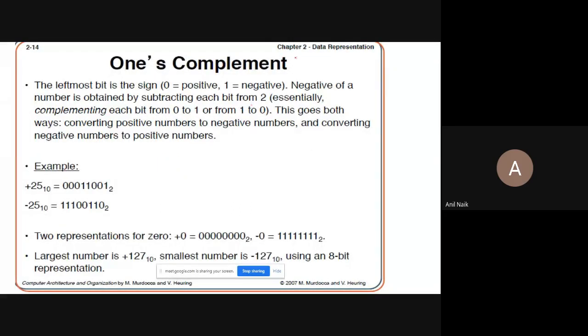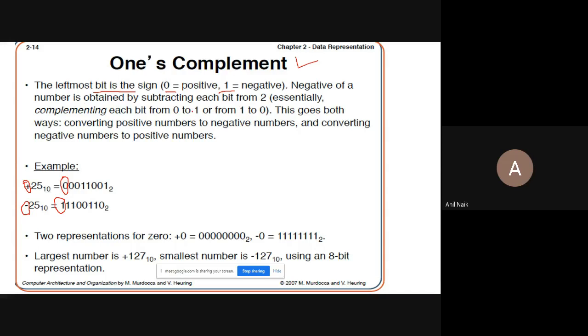Then we already discussed the one's complement of a number. The leftmost bit is the sign: 0 indicates a plus sign, meaning a positive number, and 1 indicates a negative number.